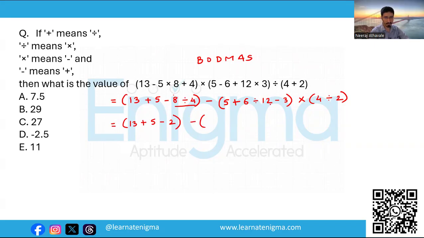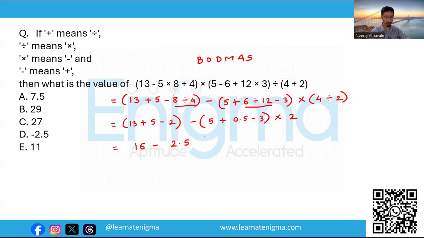Minus. Now in this bracket, we need to do this part first. So 5 plus 6 divided by 12, that is 0.5 minus 3 multiplied by 4 divided by 2 is 2. So 13 plus 5, that is 18. 18 minus 2 is 16 minus 5 plus 0.5, that is 5.5 minus 3, that is 2.5.